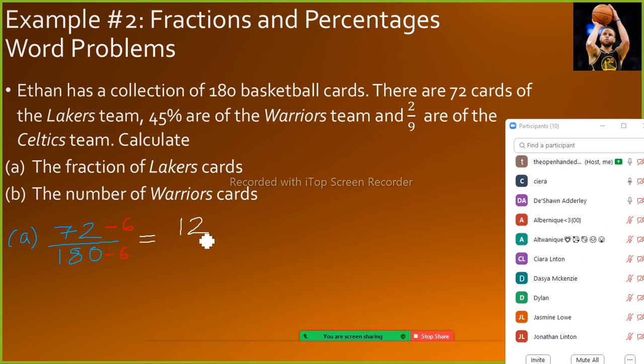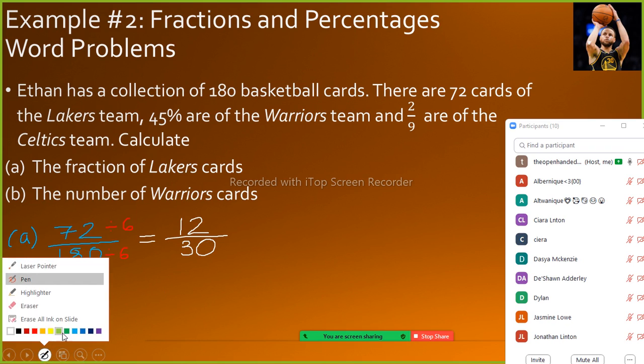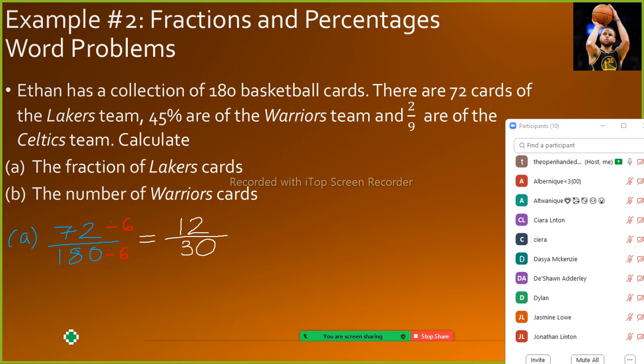And what is 180 divided by 6? 30. So this is 12 over 30. But we still could go lower. Divided by 6 again. 3 could work, Jasmine, but 6 is better.